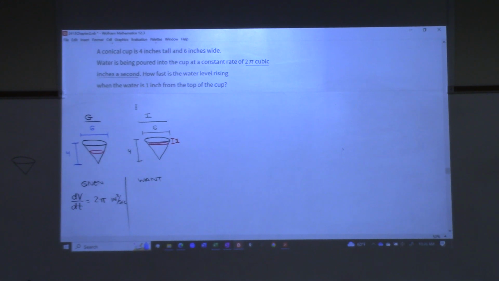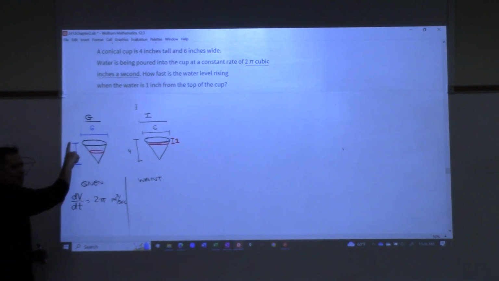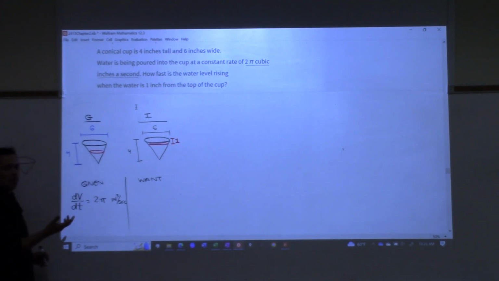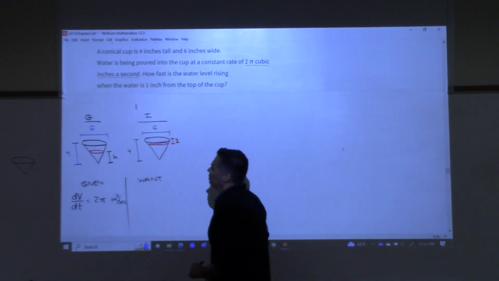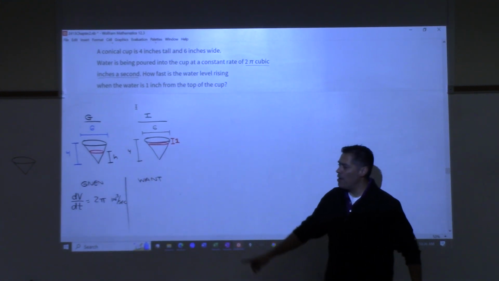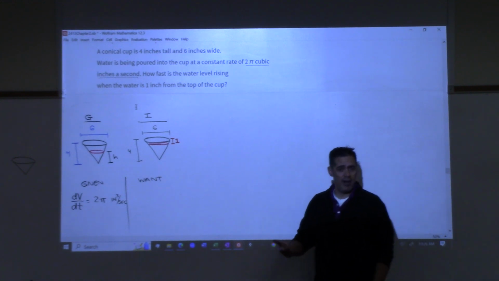The speed at which what? Water's rising. My water level. Do I have that labeled anywhere? This is 4, right? That's the cone, not the water. We're talking about the water, right? Have we labeled this height? No, so we should probably call it h for height. Why don't we call this distance from here to here height?